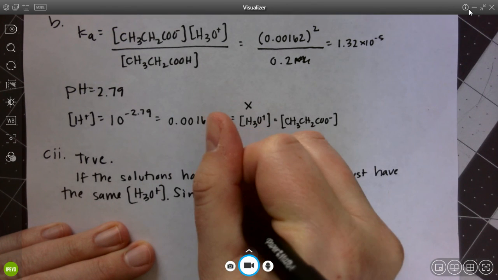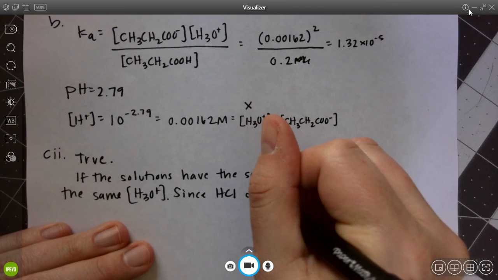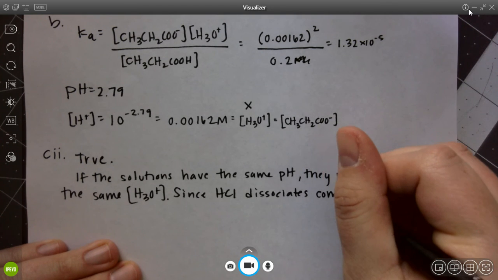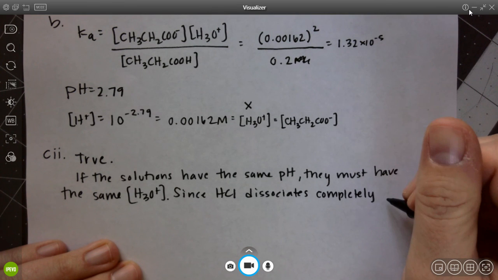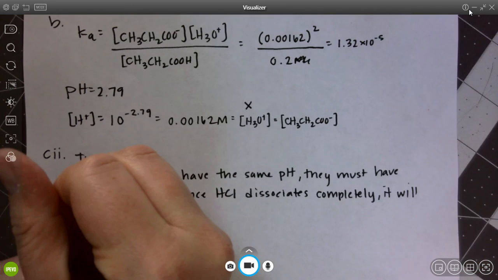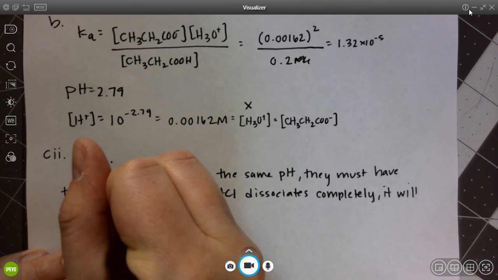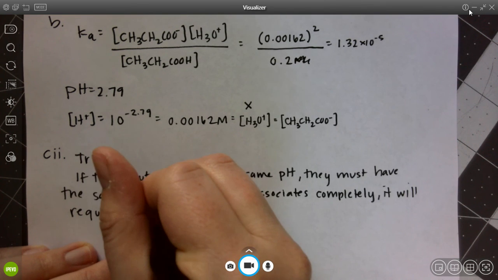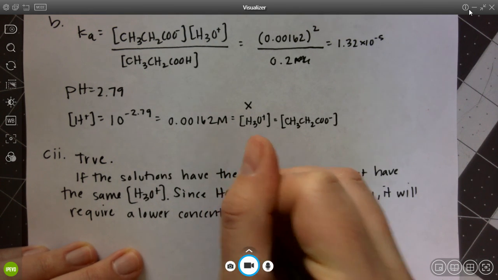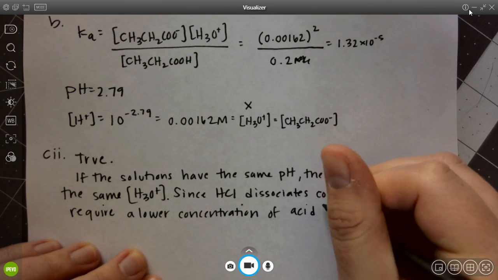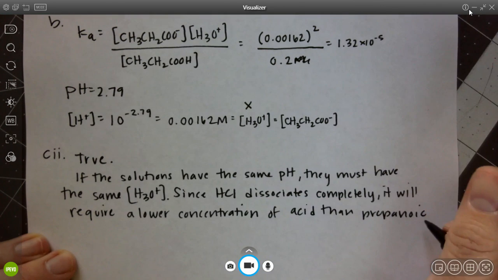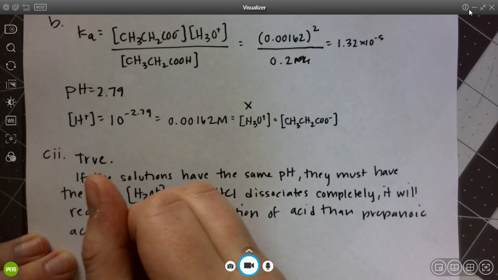However, since HCl dissociates completely, you could say ionizes, dissociates, breaks apart, it will require a lower concentration of acid than propanoic, which only partially ionizes.